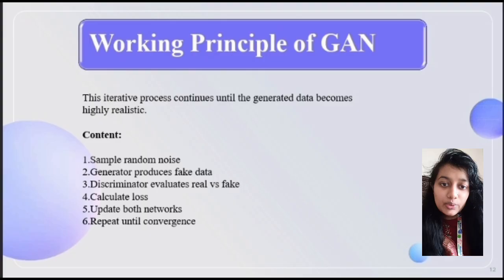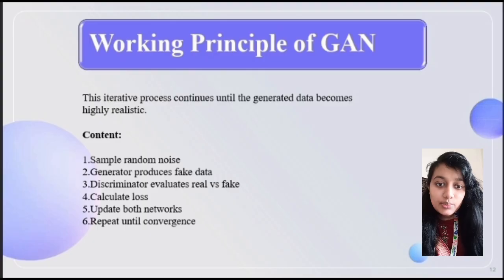For the third part, I will talk about the learning principle of GAN. GAN works step by step. First, we take random noise. Then the generator creates fake data, which is passed to the discrimination part. The discriminator checks the real and fake data. Lastly, we calculate the error and how much error occurs.